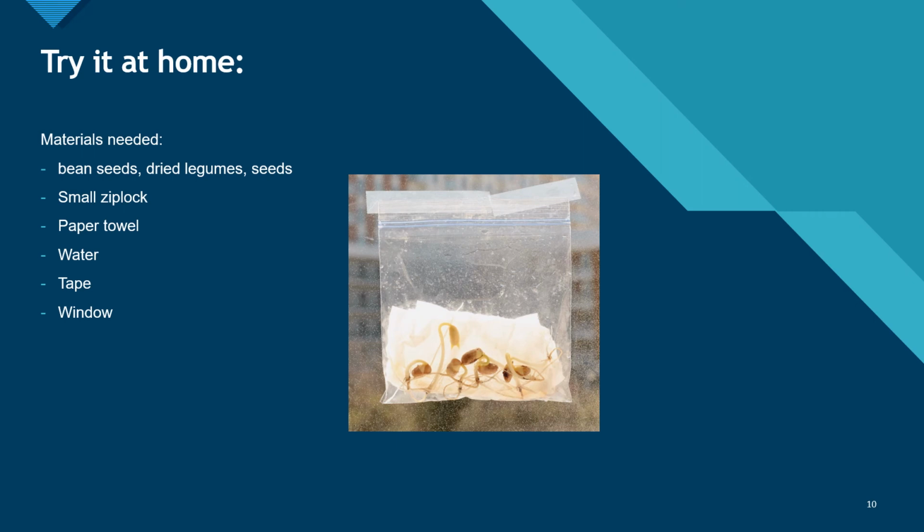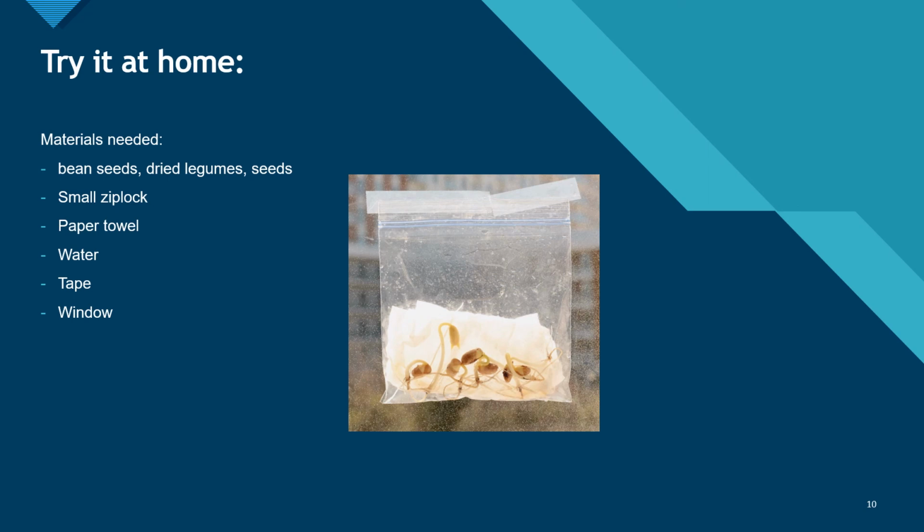Then take your dried legumes or whatever seeds you have and place them in that crease of the paper towel, and fold it over to make a little bag for the legumes. Put that moist paper towel with the seeds inside a Ziploc bag. Maybe fill it with just a little bit more water, don't drench it, just enough to make it a little bit more wet.